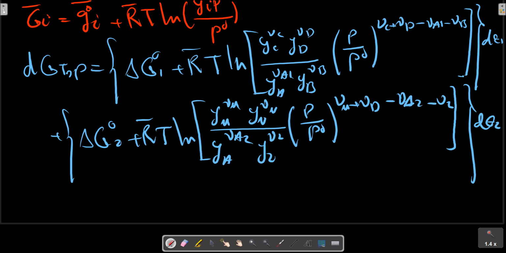In this equation, the standard state change in Gibbs function for each reaction can be defined for each reaction.